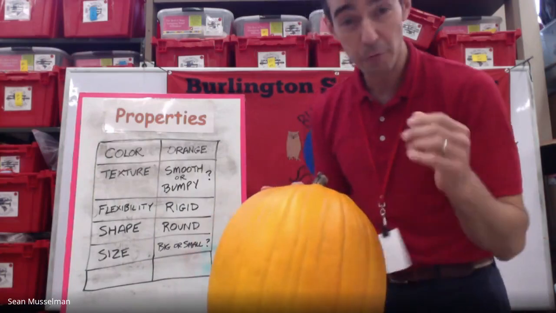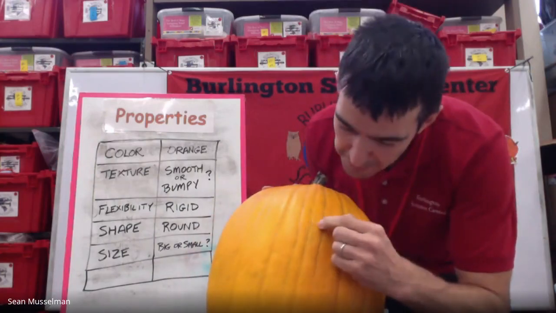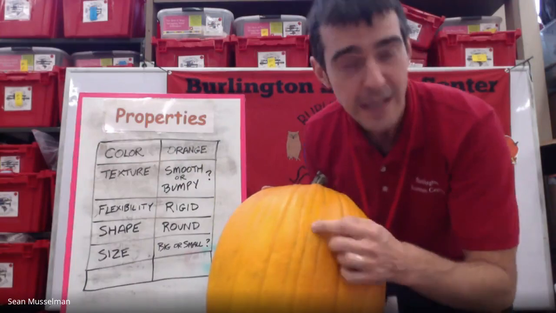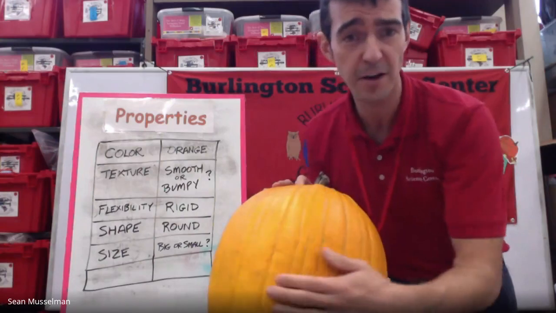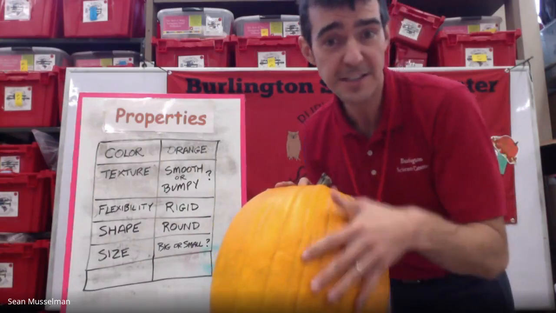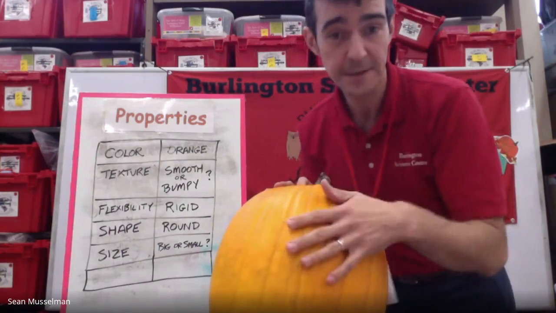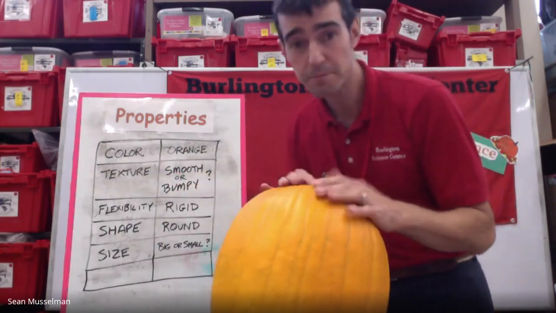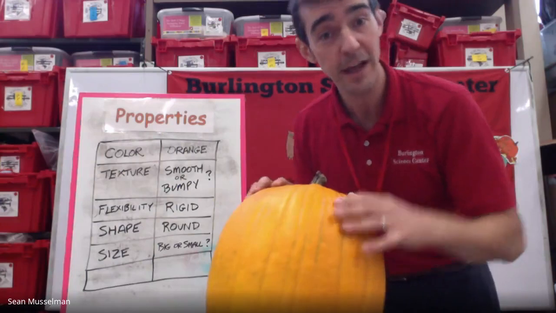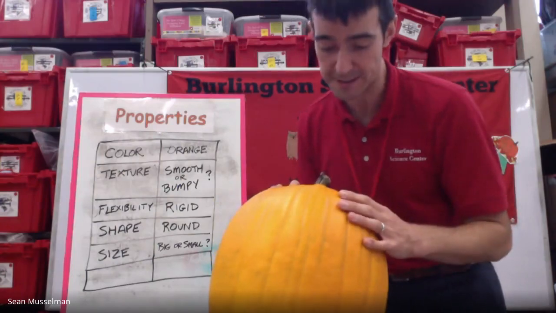But if we get really close and feel small parts of it, we might realize it's not smooth like a mirror or other smooth objects in our home, right? It actually has some bumps to them, some ridges, right? So whether you use the word smooth or bumpy, both can apply to a pumpkin on its different parts.